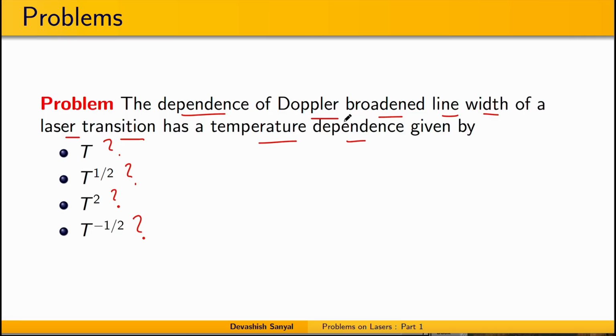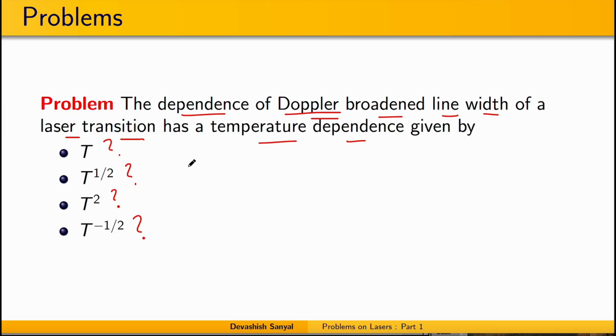One of the reasons is the Doppler effect. Higher the temperature, greater the velocity of the atoms, and hence the transition line will be broadened. It will not be a very thin line; it will have a width.